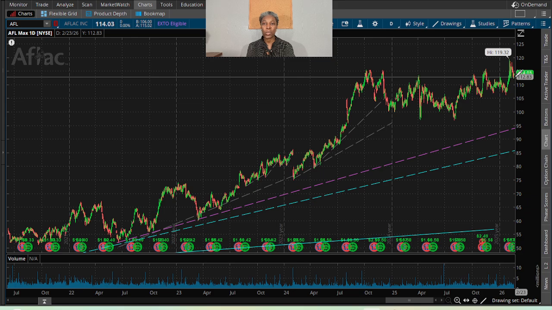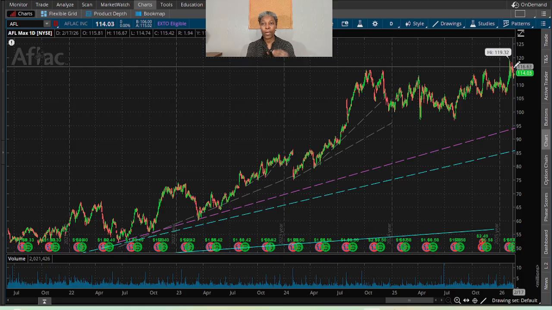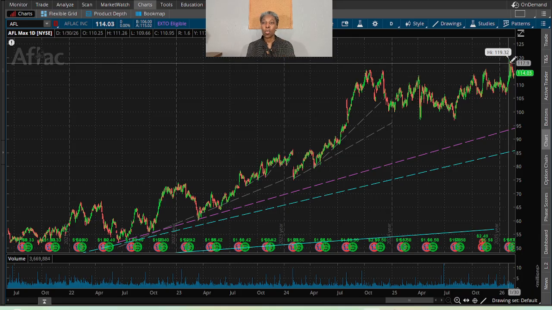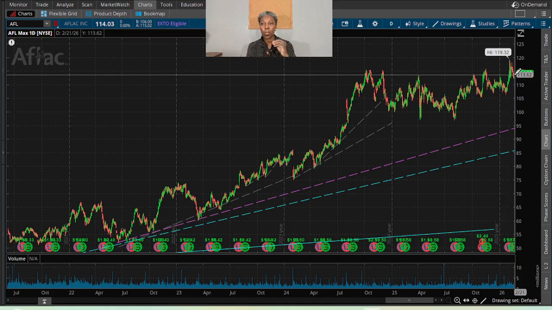And where the price is right now is lower. The level is lower than the all-time highest price, where it came from. So when the level the chart came from is higher than where it is right now, you have a pullback.